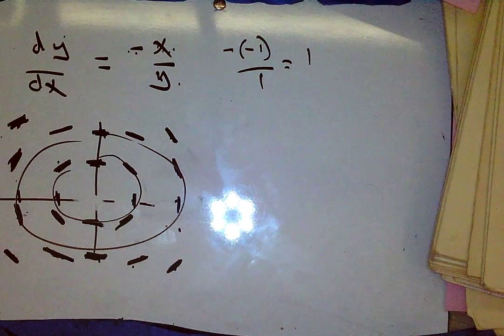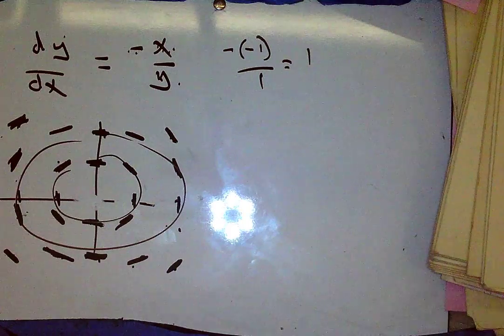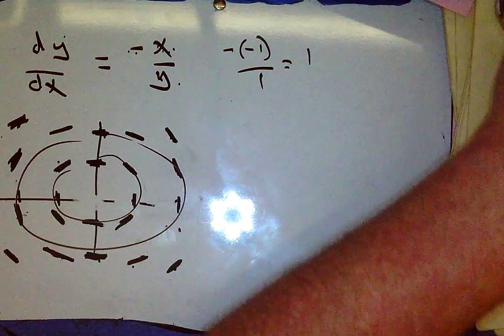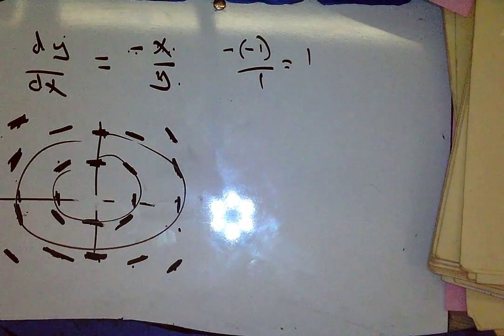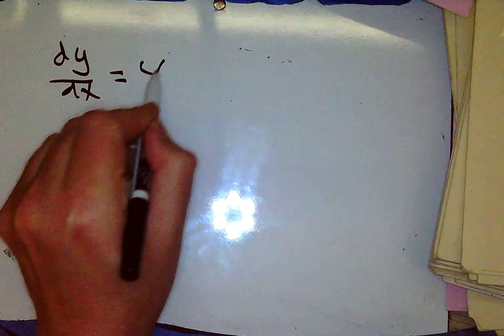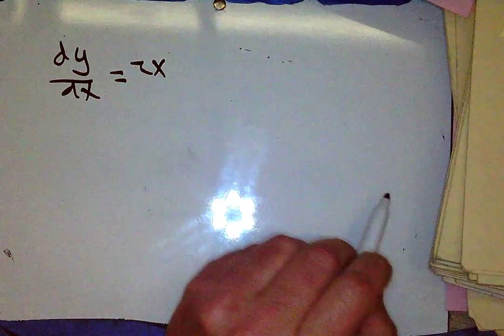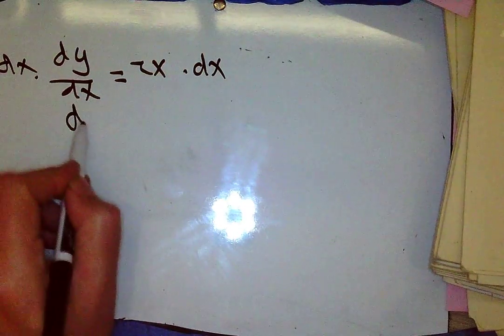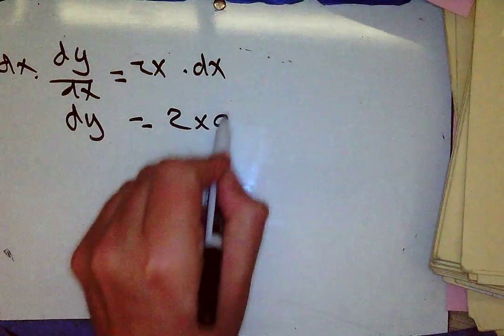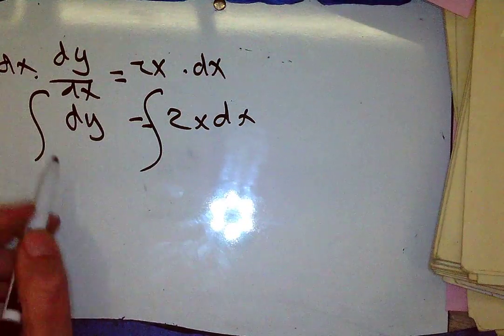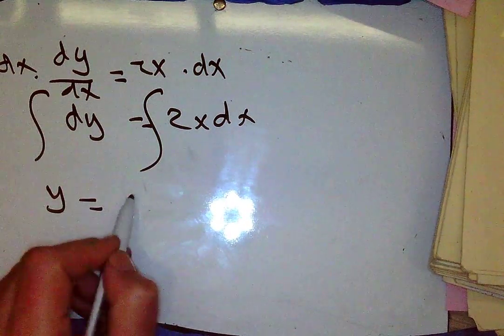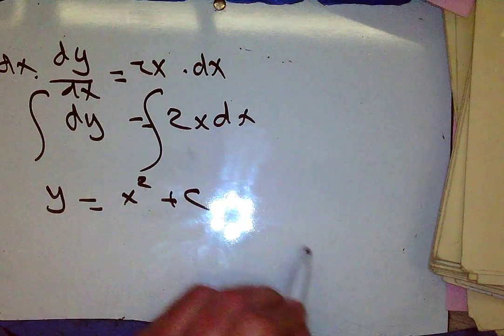Number 2, solve the initial value problem given this. Let's see. And so then I get y equals x squared plus c.